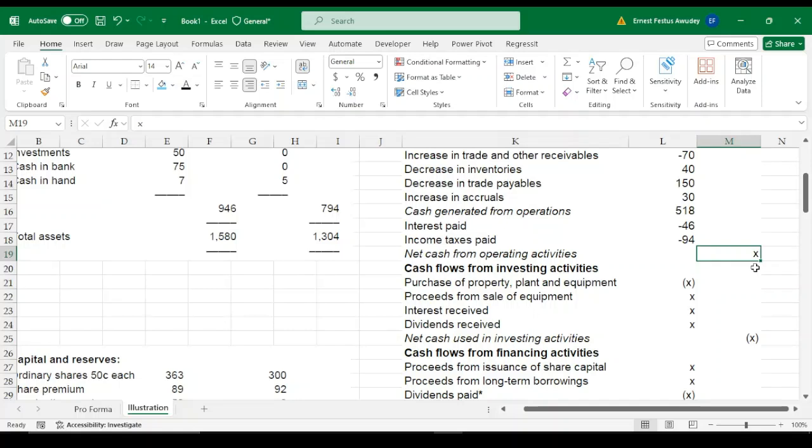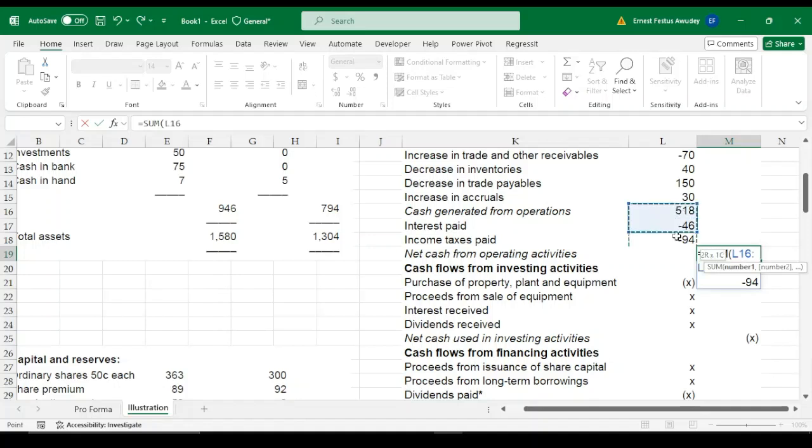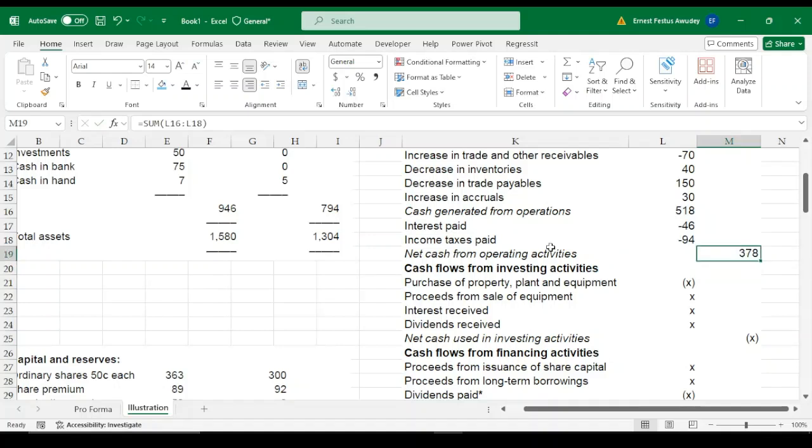So if I add these three figures together, I'll come here, equals the sum of these three figures together. All right, so the sum of those three figures together will give me 378, and that is the net cash from operating activities.